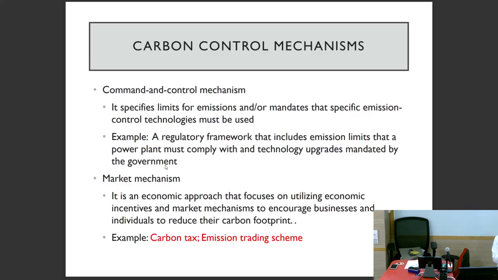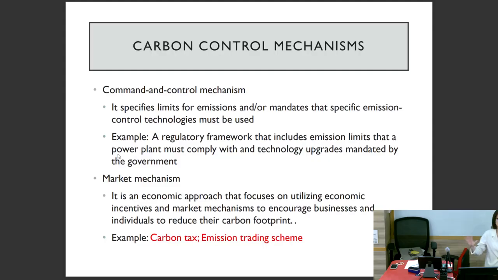This is a kind of regulation, something mandatory, and the power plant company must follow. Or maybe the government sets some emission limits, and the power plants or some big emitters must follow. This would be the command and control mechanism, like the law.